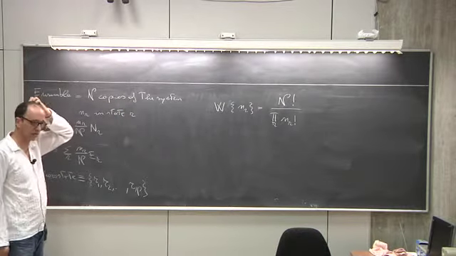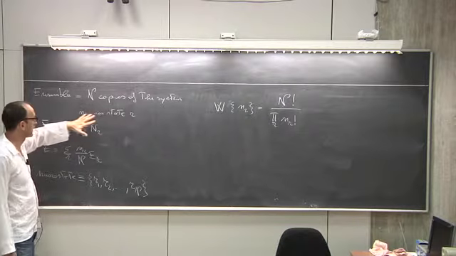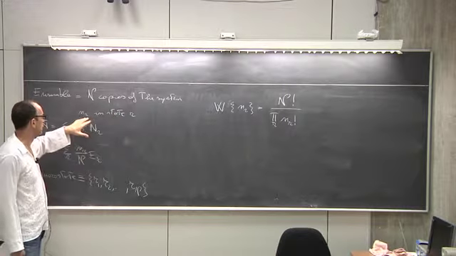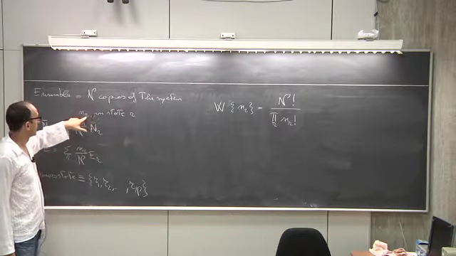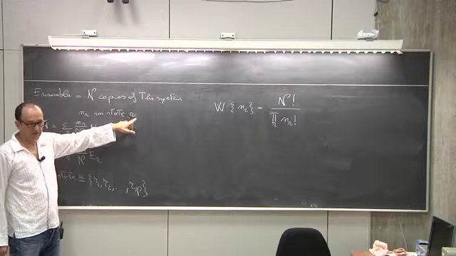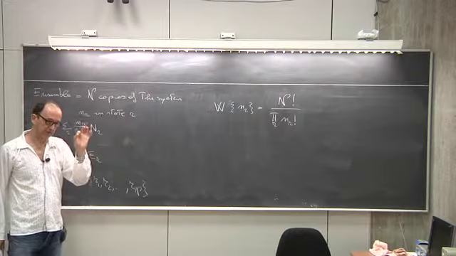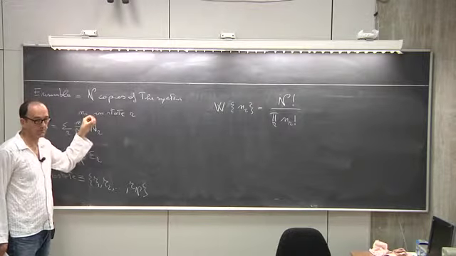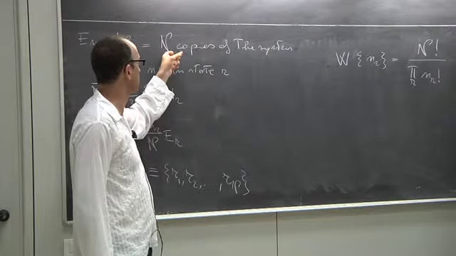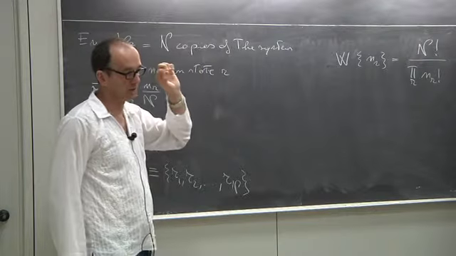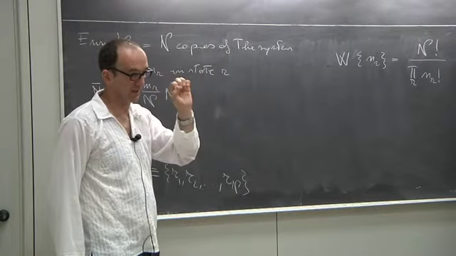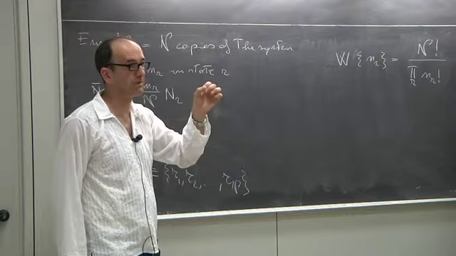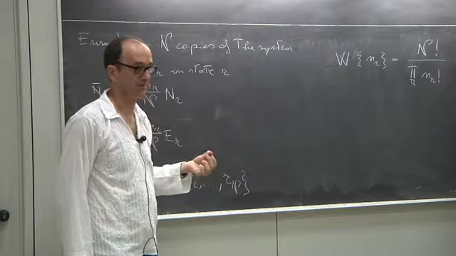You can think of phase space: each of these states R corresponds to a cell in the phase space, and NR corresponds to the number of copies of the system in the ensemble which are in this cell. It is an occupation number in phase space.